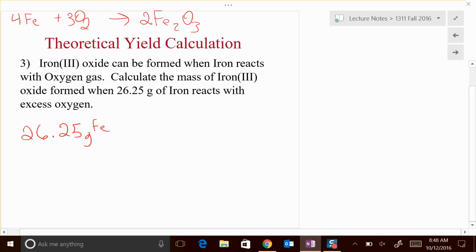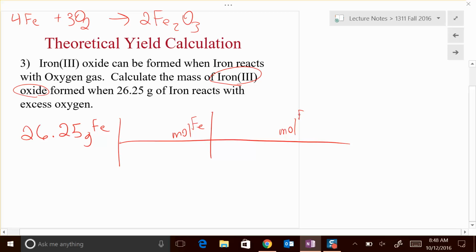I'm going to use that to calculate this. I'm going to go from the grams of iron to the moles of iron, then to the moles of the other thing, iron 3 oxide, Fe2O3, and then to the grams of Fe2O3.